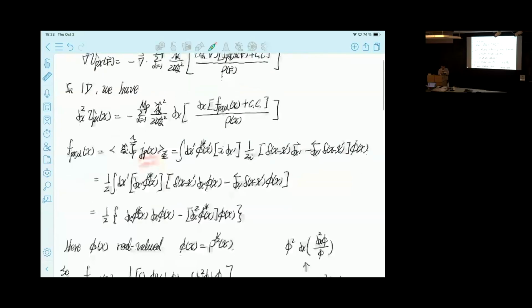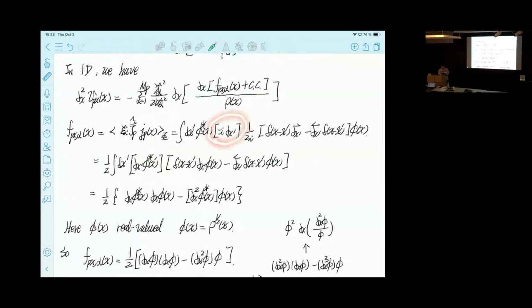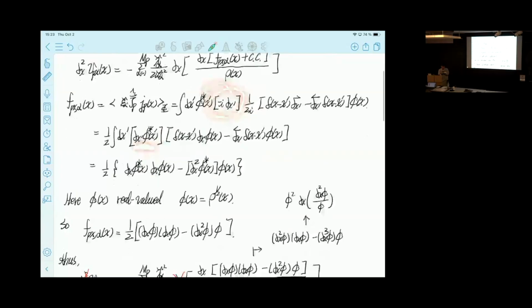The next step I do is the integration by parts. I transfer this one to the first side. After that, I can take advantage of this Dirac delta function, so I get rid of everything from the integration. At the end, I got this formula for this small f.